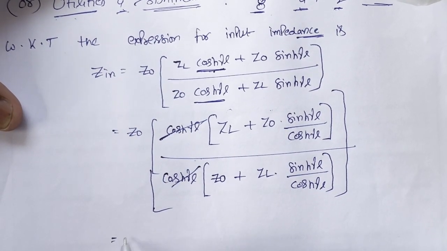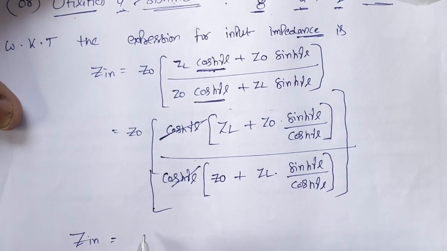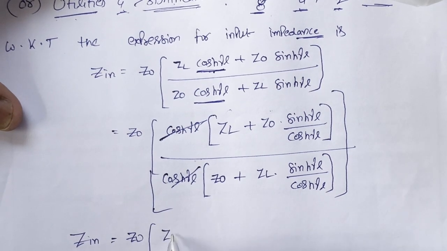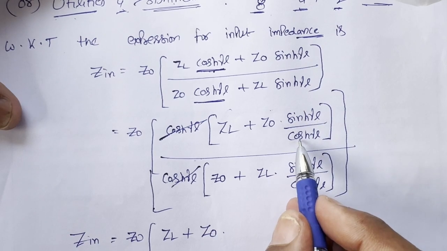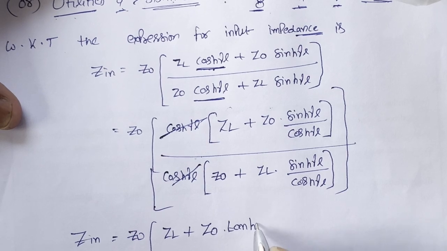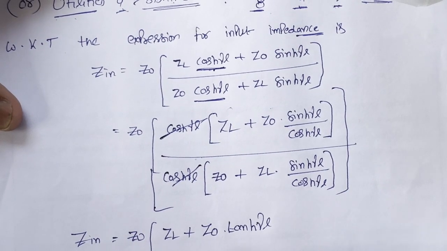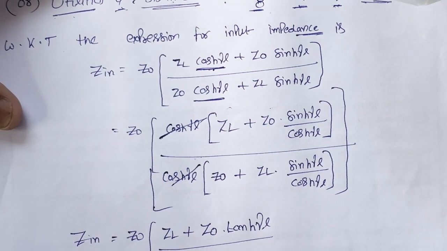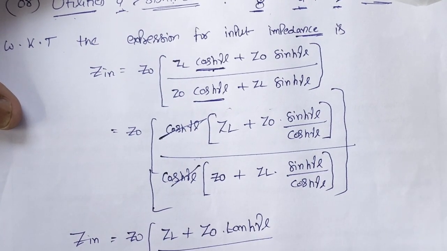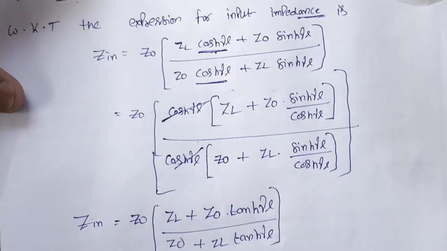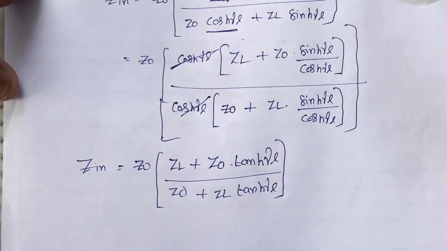Then Zin is equal to Z0 into (ZL plus Z0 tanh gamma L) by (Z0 plus ZL tanh gamma L). That is the point.